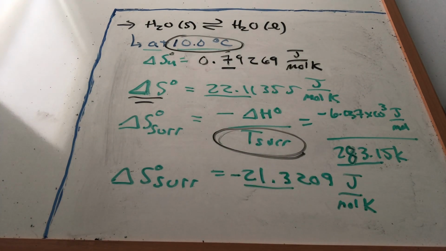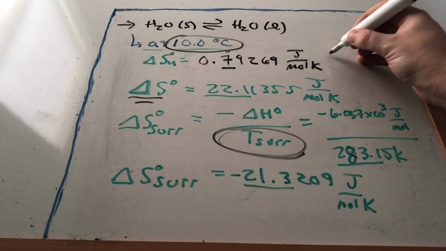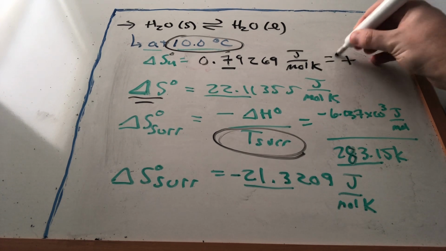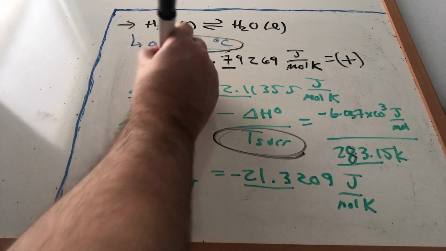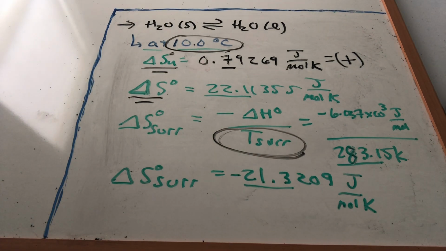Delta S universe now is positive. How do we interpret delta S universe being positive? This is the important delta S because it tells me whether something happens or not.